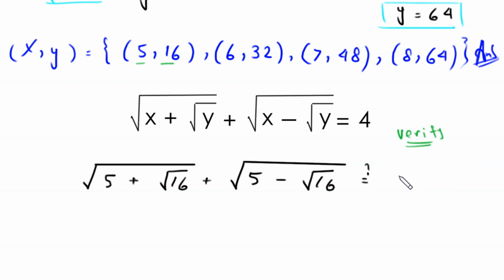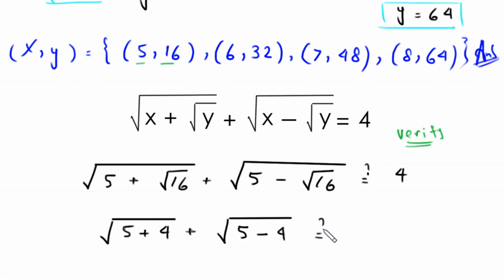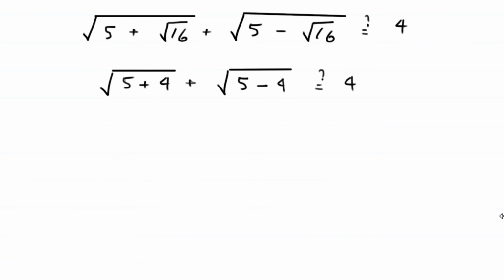Is this equal to 4? Next, the square root of this 5 plus root 16 will become 4 plus the square root of 5 minus root 16 will become 4. Is this equal to 4? Now this will become root 9 plus this will become root 1. Is this equal to 4?